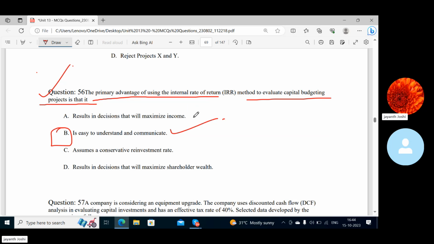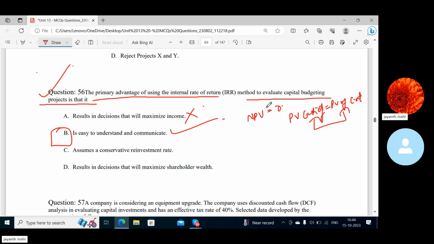No, never. See, what IRR tells is the rate at which your NPV is zero, right? That means your present value of cash inflows is equal to present value of cash outflows. Where is the matter of maximizing? It shows the break even. Point number one, so this option won't go.